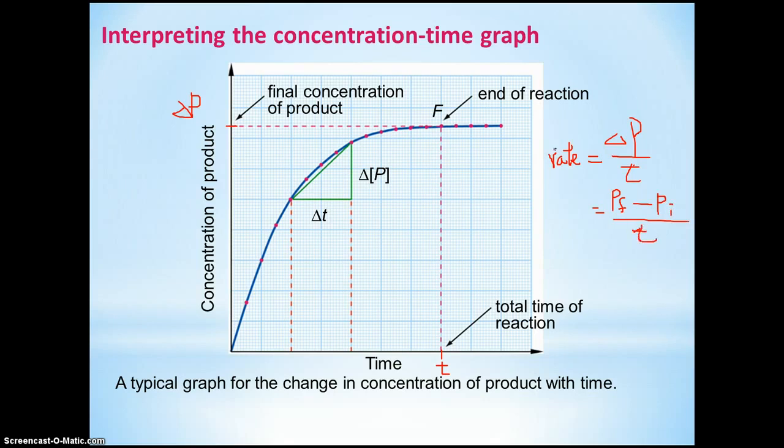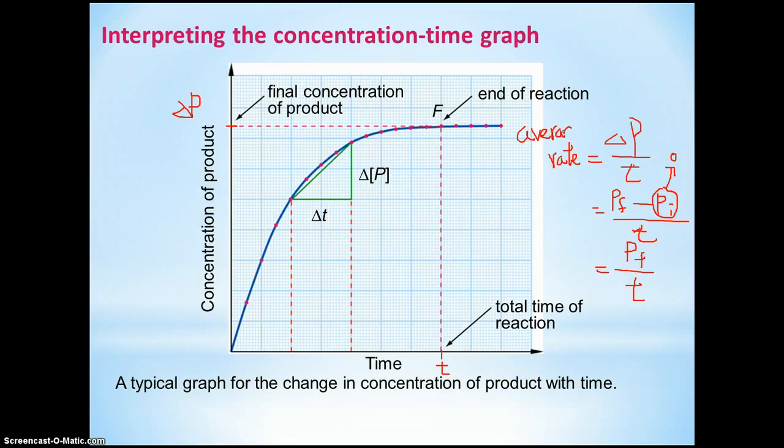When we're talking about average rates, that means starting from the very beginning. So the concentration of the product at the initial state should be equal to 0. So in this case, we simply calculate the concentration of the product over time. This is what we call the average rate.